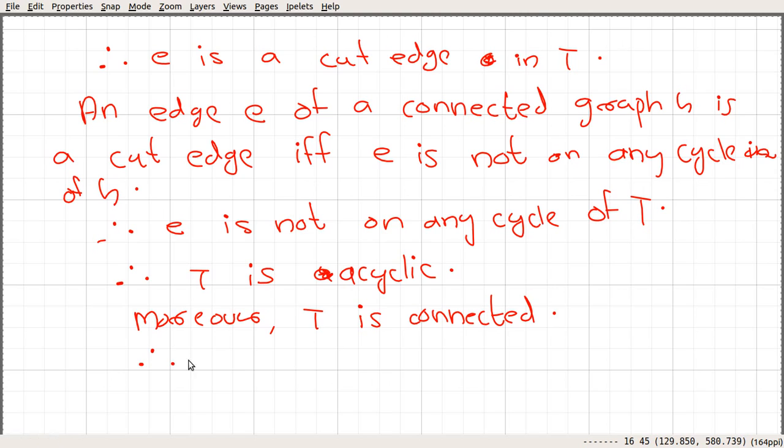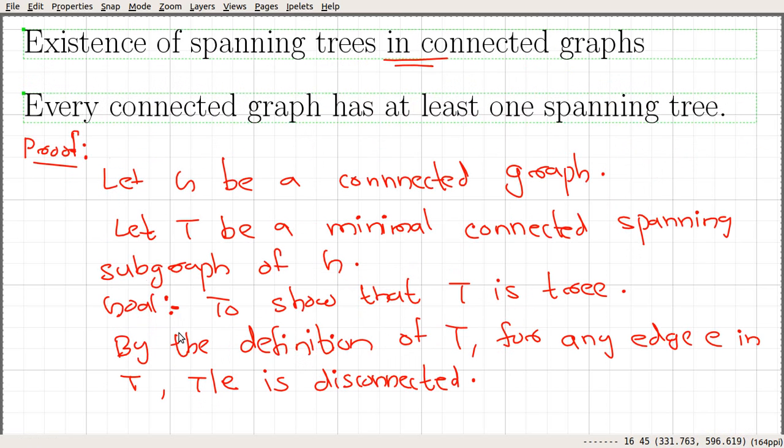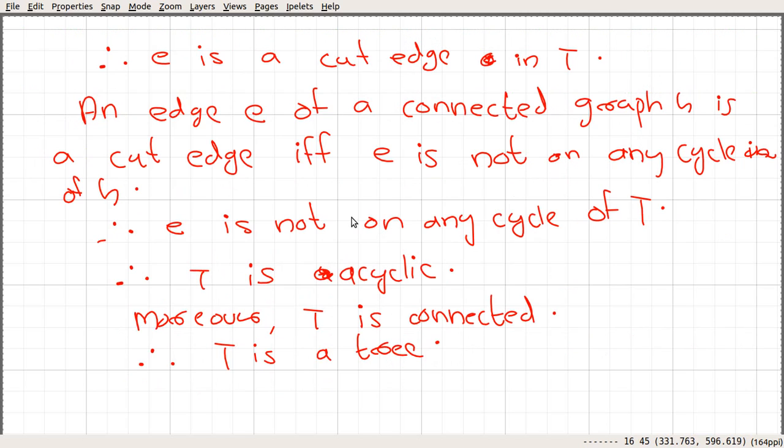And that says therefore T is a tree. And we defined T to be the minimally connected spanning subgraph of G, so it spans all the vertices. So T is a spanning tree of G.